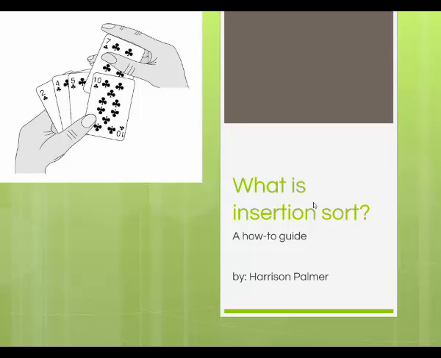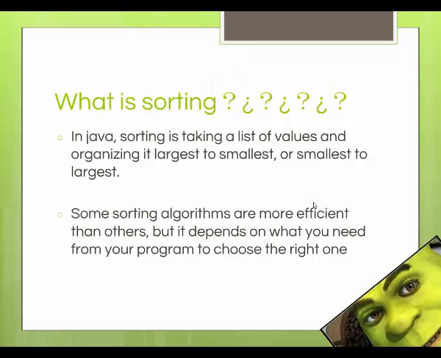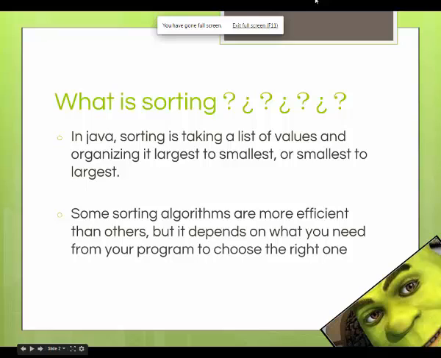So, want to know what insertion sort is? Well, you should probably know what sorting is, which, if you don't already know, is just taking a list of values and putting it from largest to smallest, or smallest to largest if you want to be bold.